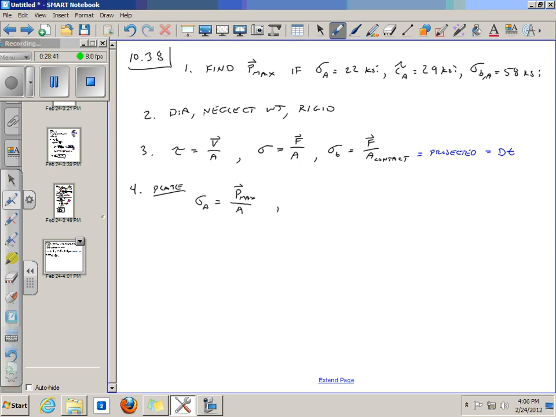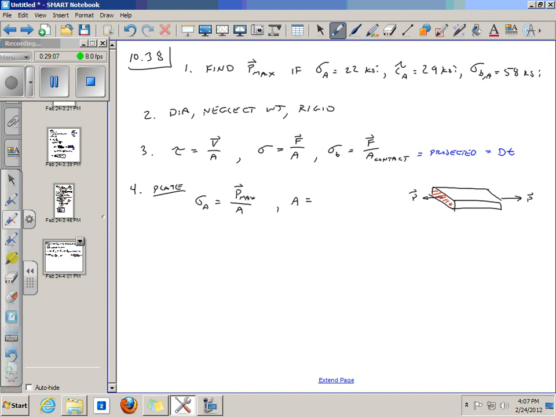Our area is going to be equal to, well, if I'm looking at my plate and this thing is in tension, P applied at the centroid, the area that is normal to the axial force is that area.